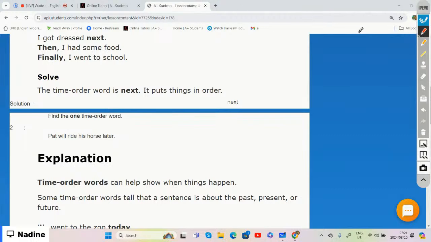So if we were to choose our correct one, yes, later is our correct answer.